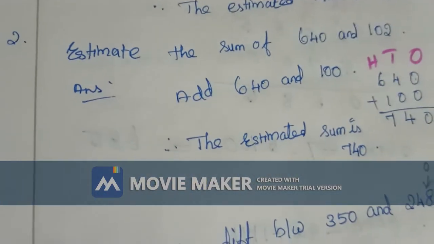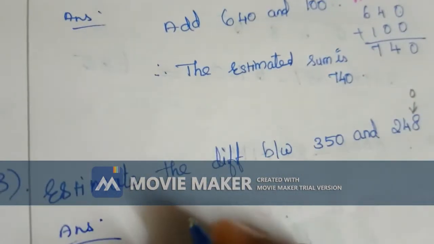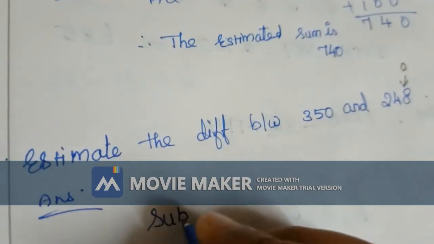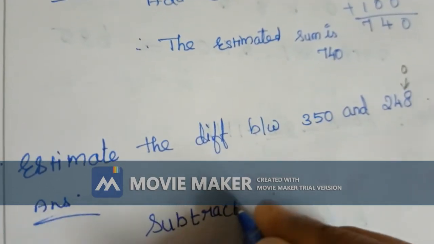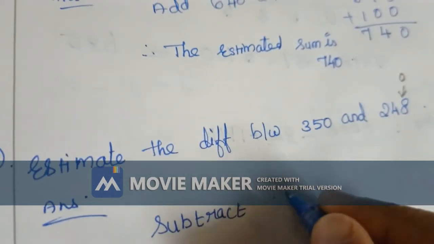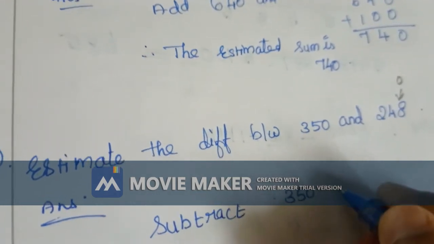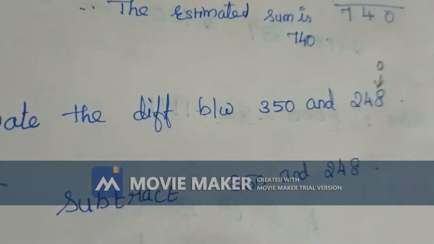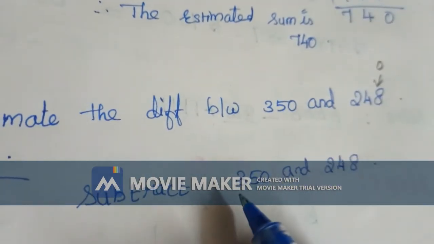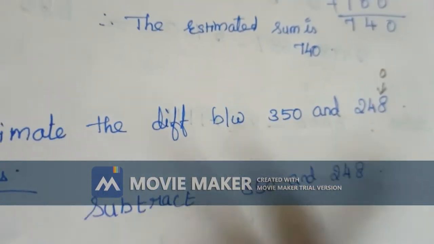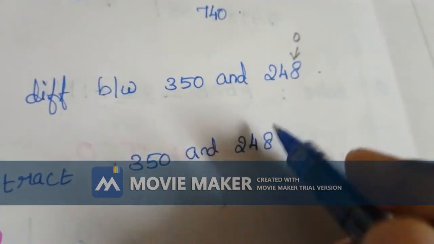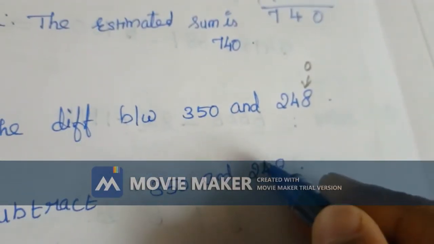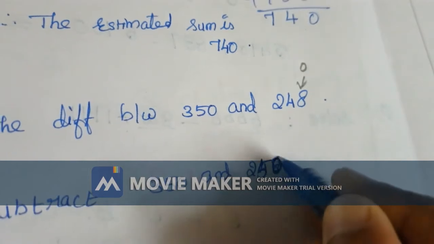So now write the answer: subtract 248 from 350. Here the estimated value is 250.